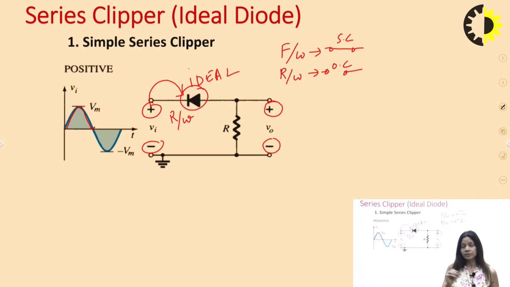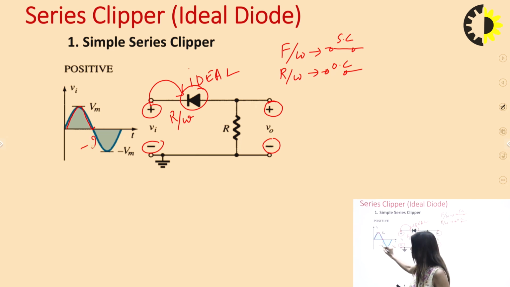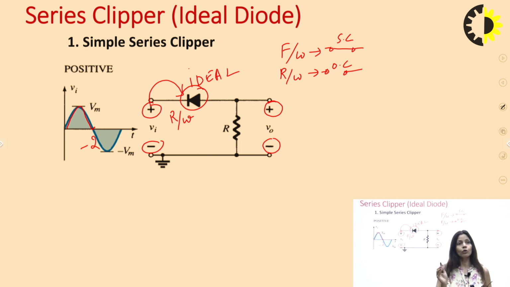When the negative voltage is coming, the diode will be forward biased for the negative half of the cycle. So, I will write case 1.